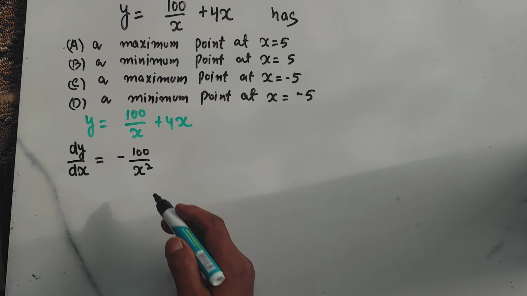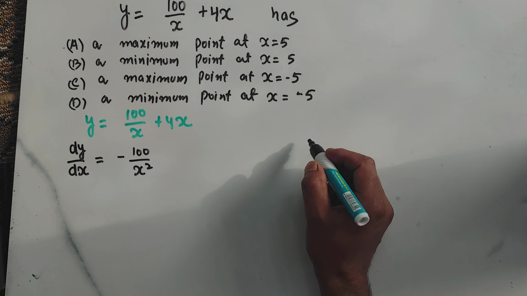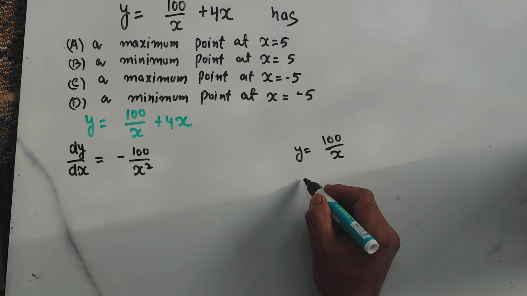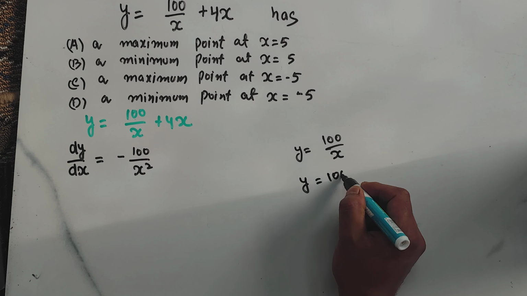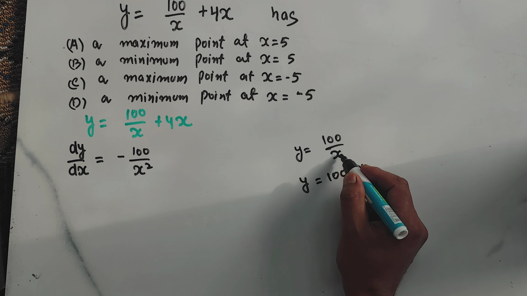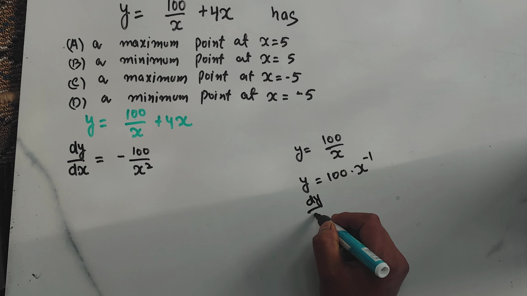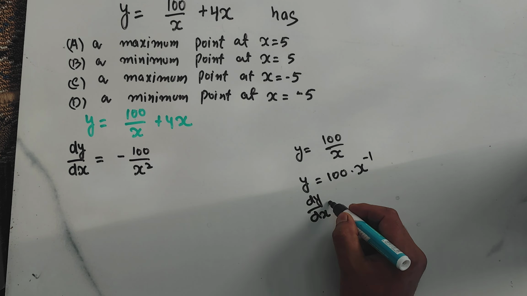Now if you are wondering how we got this, let us see here. If y is equal to 100 upon x, this can be written as 100 times x raised to the power negative 1, because if I transpose the denominator to the numerator, the exponent sign will change. Then dy upon dx means we differentiate it with respect to x.